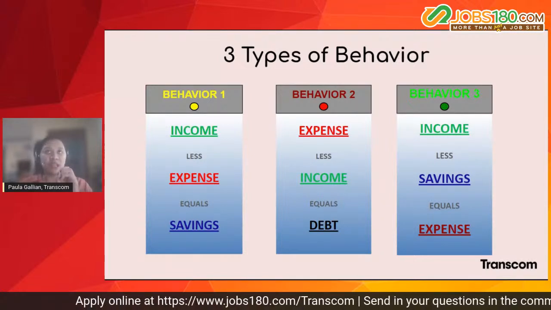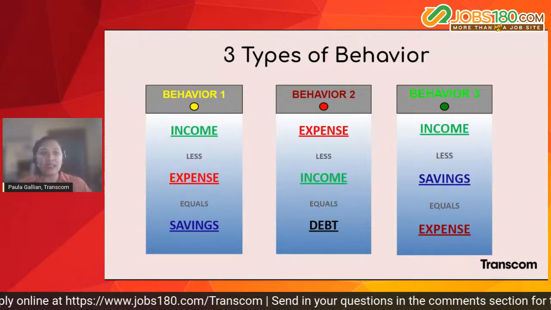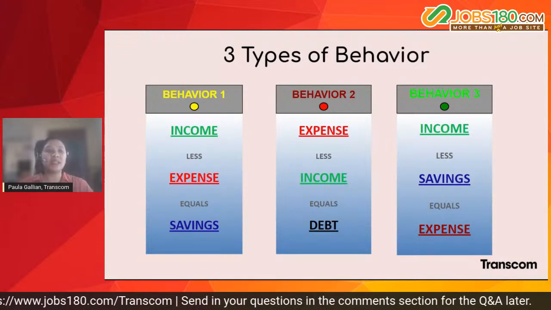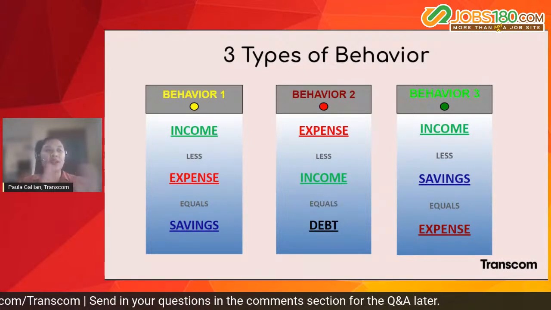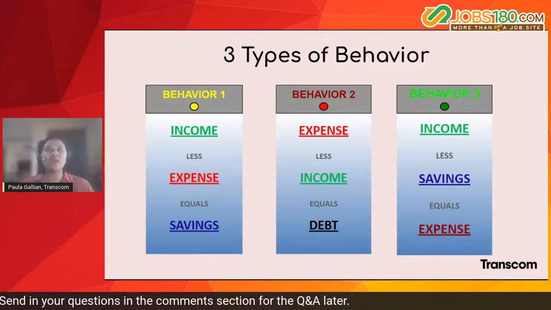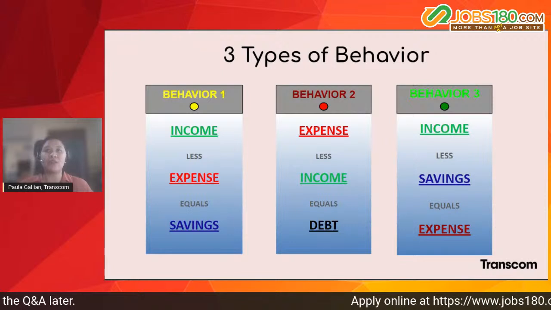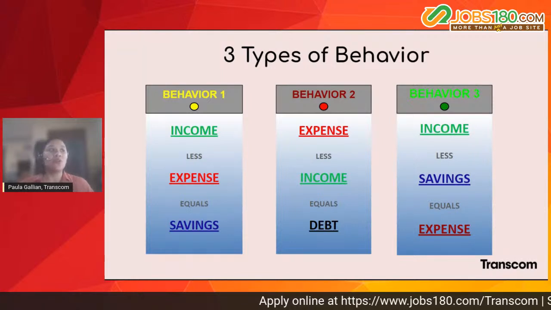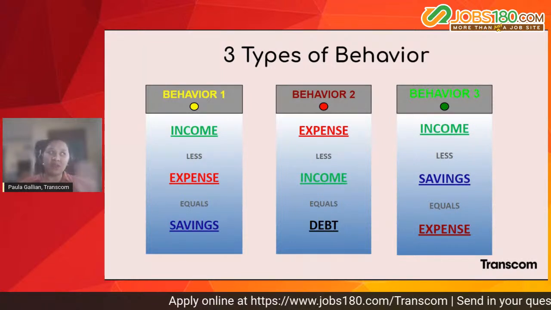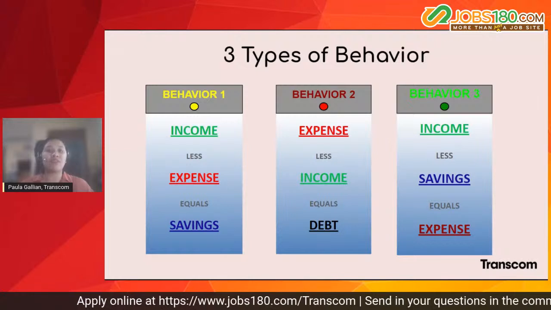So at least you were able to set aside a portion of your income as your savings. So ngayon, I wanted you to understand what type of behavior you would be in the future, or even currently now, for those who are working students here. What are you here? Behavior 1, behavior 2, or behavior 3?